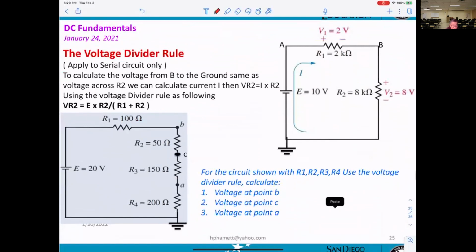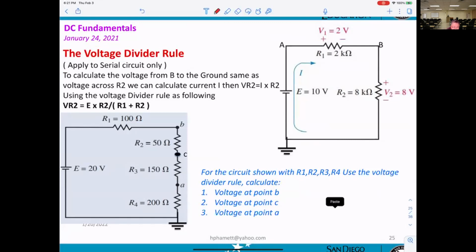Now, you get the voltage divider. The voltage divider law is another way to calculate the voltage. Let's see what they say.